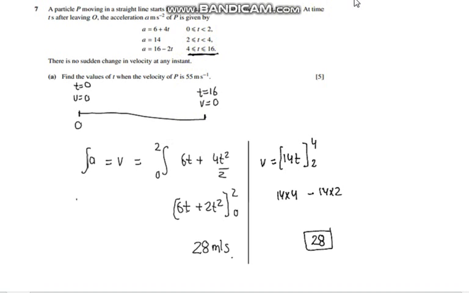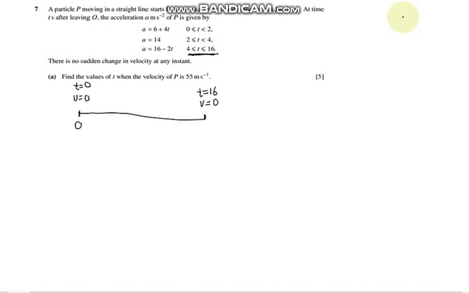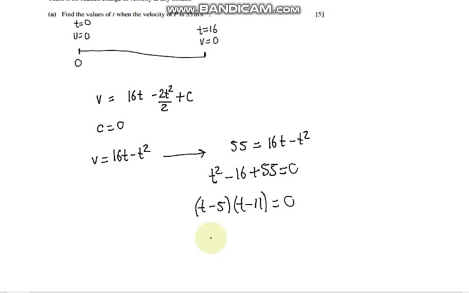So let's check the third. Let's first integrate the third expression. At t equals 16, velocity is 0, so we can find c as 0. Now put velocity as 55 and find the respective values of t. So the values of t are t equals 5 and t equals 11.